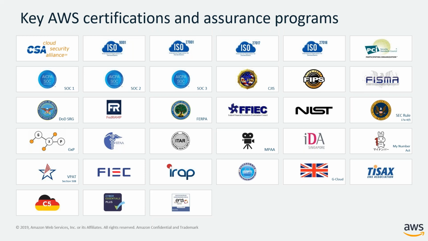Customers can also be HIPAA, PCI, and GDPR compliant on the AWS platform, including even government customers who could be ITAR and FedRAMP compliant on the platform. This is only a subset of the different compliances that AWS works with. At present, AWS works with over 200 different security and assurance programs. For more information on this, you can visit the AWS website.